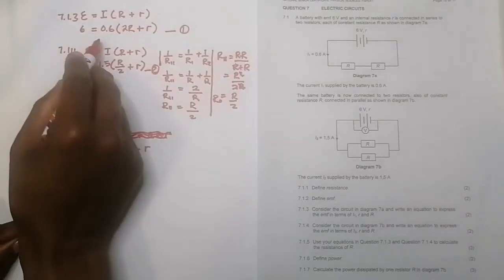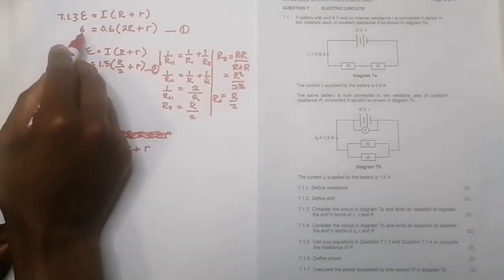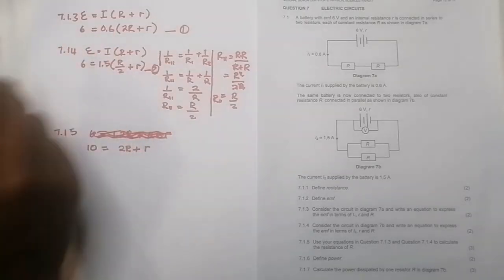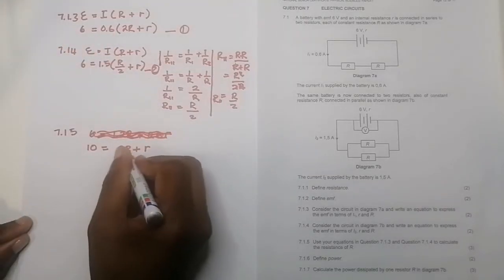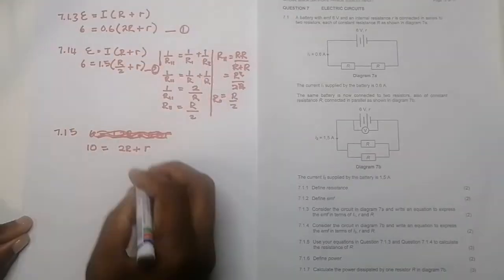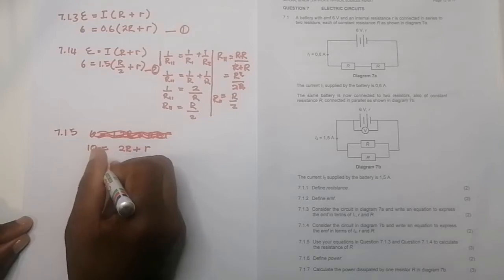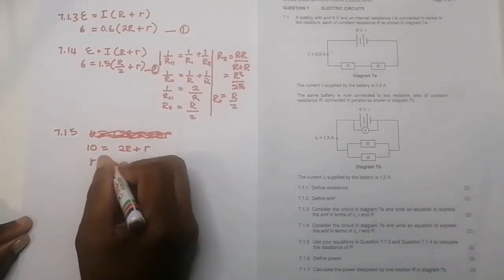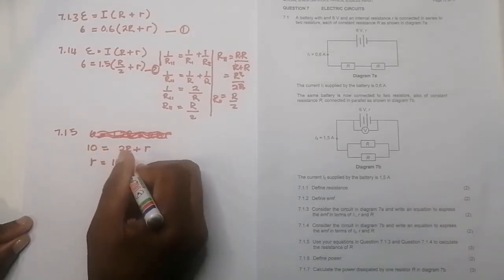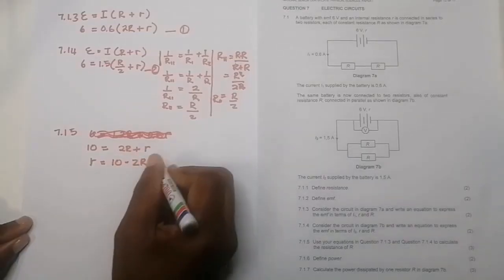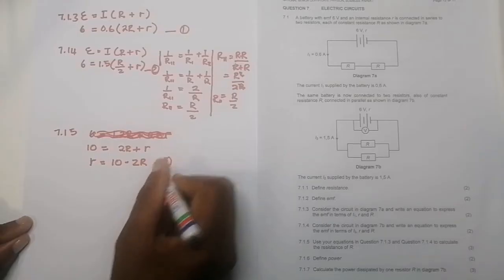That's from equation 1. Can divide both sides by 0.6. It cancels that one out, and this one, 6 divided by 0.6, will give you 10, and you've got this 2R plus r. So that means if I now want to make r the subject of the formula, r will be equal to 10 minus 2R. Okay, right, so you can call that equation 3 if you want to.